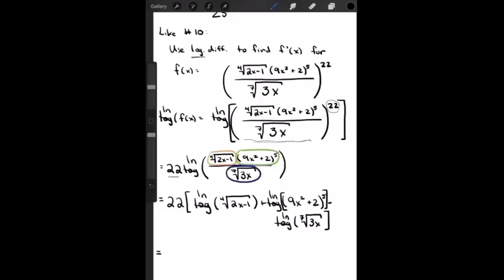So that would be our next step. If we stopped simplifying at this point, then for each of those logs, we take the derivative of the inside, put it on top, and put the inside on the bottom. So are those insides as simplified as we want them to be?